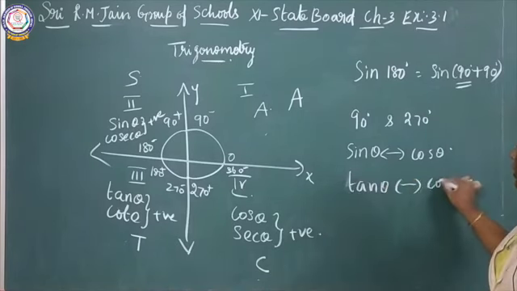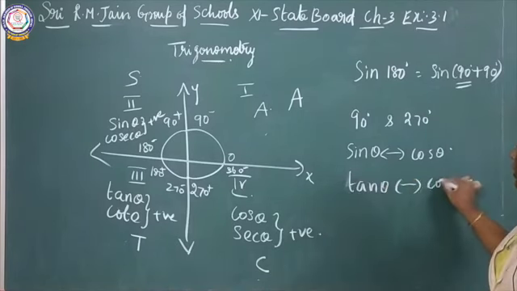Now you move on to minus 230 degree. See here, x-axis, y-axis. Normally it is first, second, third, fourth. If it is negative, I told you, this is the first quadrant, this is second, this is third, and this is fourth.